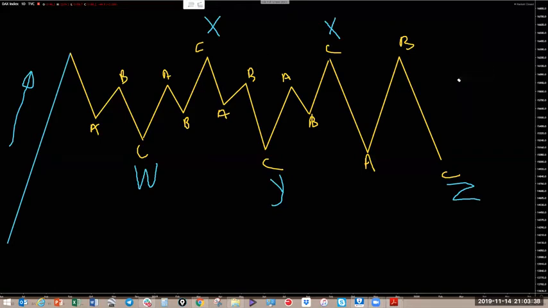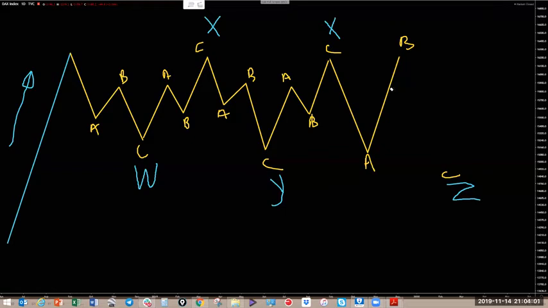Now, here is what you need to make note of, and this is very important. Make note. Your triangle, you cannot find a triangle here within the Y if you've got a double XY XZ. This corrective structure here cannot be a triangle.